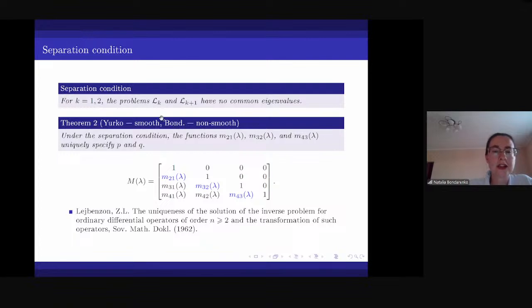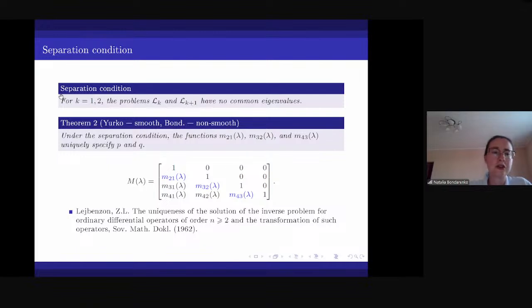Let us assume that for each k, the neighboring problems L_k and L_{k+1} have no common eigenvalues. What does it mean? The eigenvalues of L_k are the poles of the k-th column of the Weyl-Yurko matrix, and the eigenvalues of L_{k+1} are the poles of the (k+1)-th column.